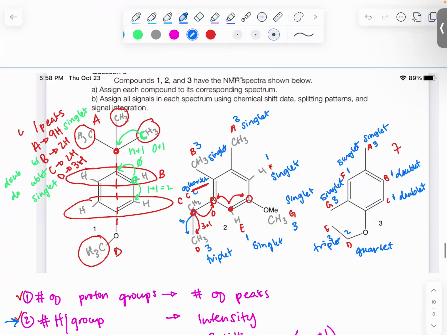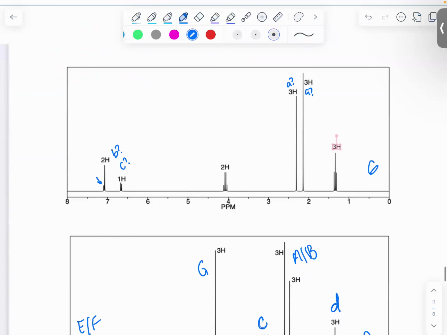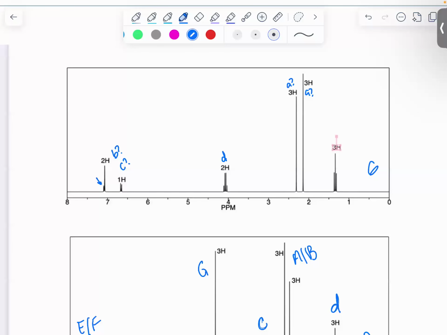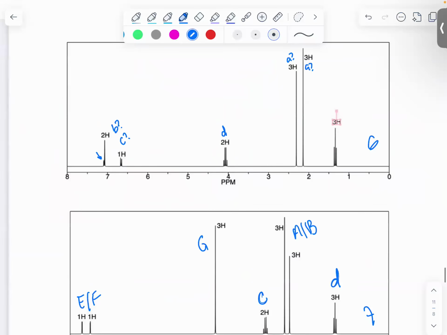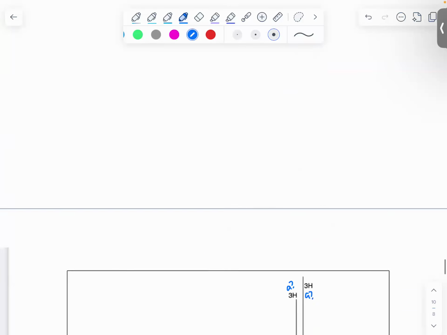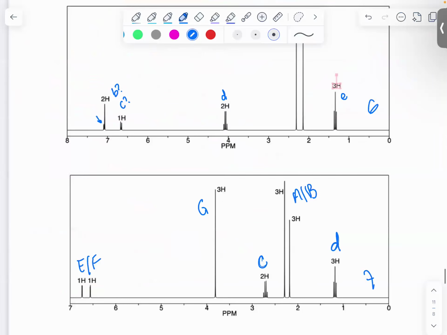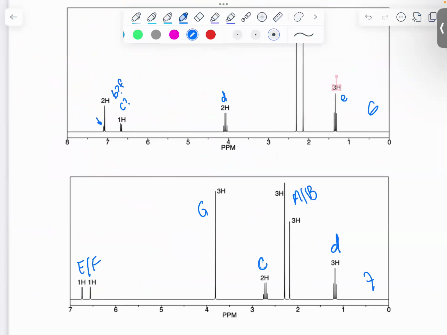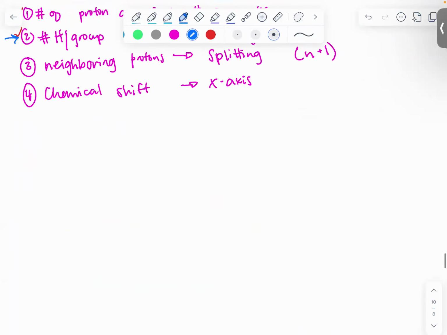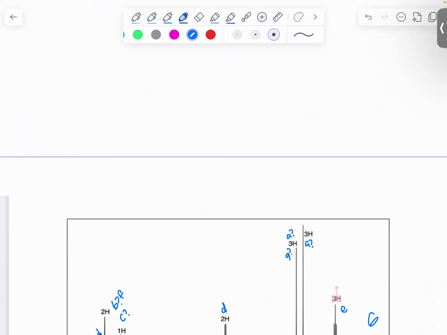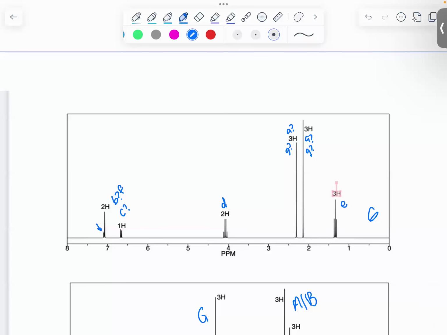For D, we want the 2H quartet. There's no question about this one. It's our only 2H quartet. E, we're looking for a 3H triplet. There's only one, so no question mark there. F is going to be another one in our aromatic region. And G is going to be the other 3H singlet.